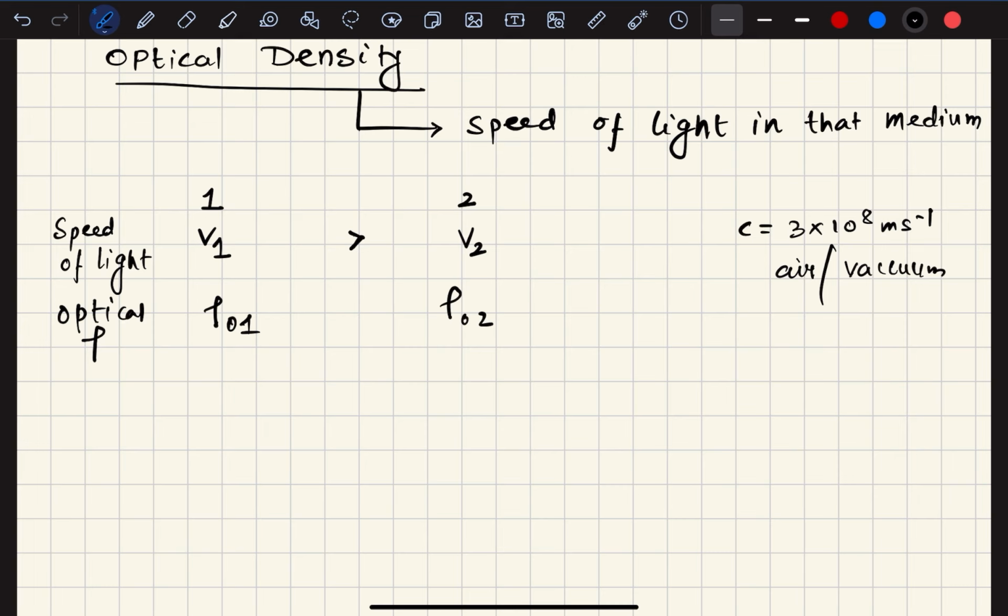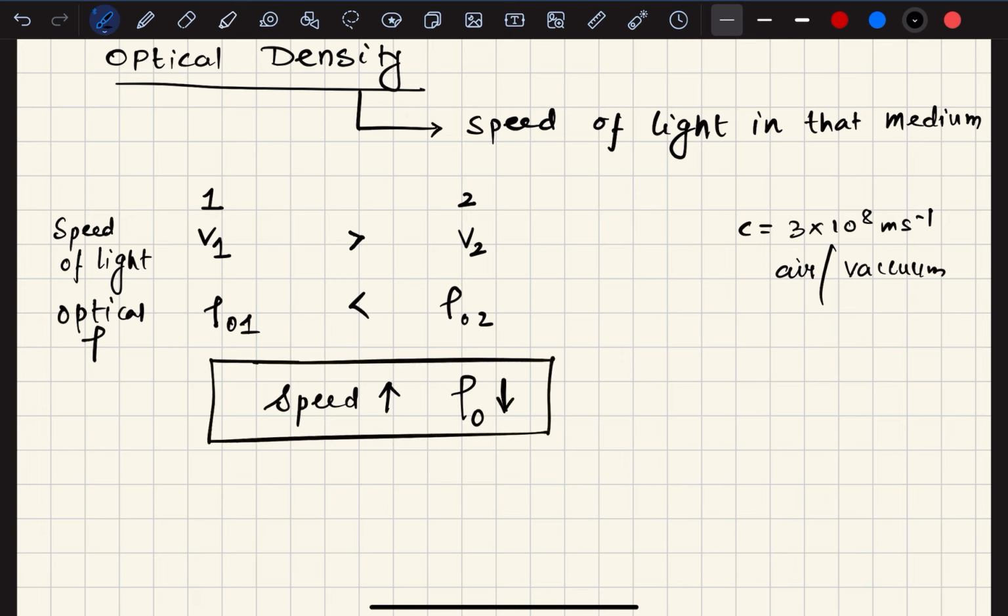Optical density of medium 2 will be more than optical density of medium 1. Reason is very simple. Whenever the speed is increasing, optical density will decrease. If the speed increases, optical density will be lesser.